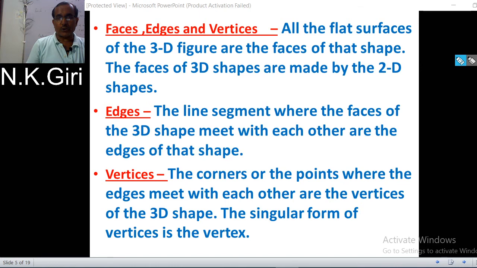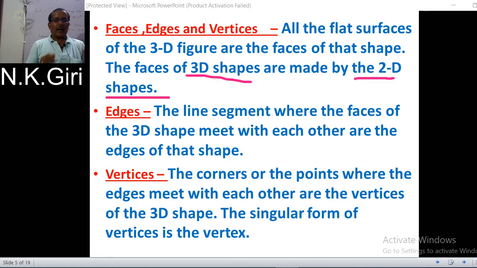You see in our daily life, like a box, or we take a duster. It is a cuboid. This is length, this is breadth and this is height. So this three-dimensional shape cuboid has faces.